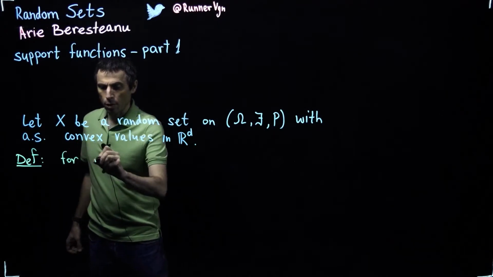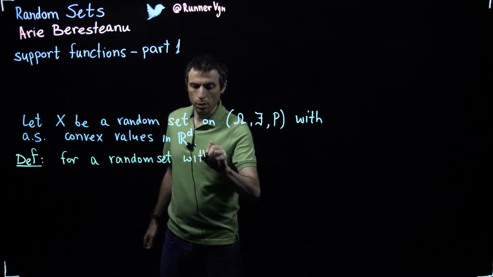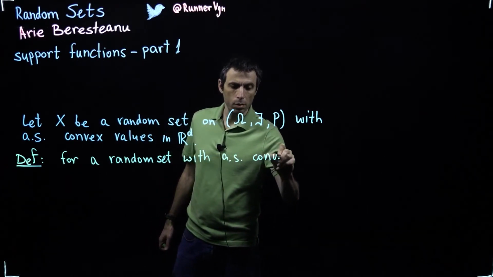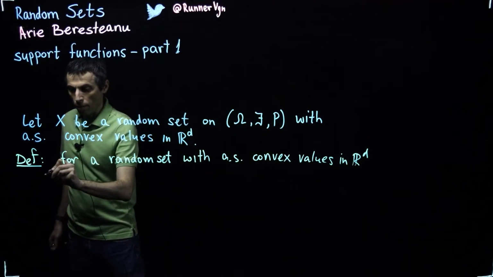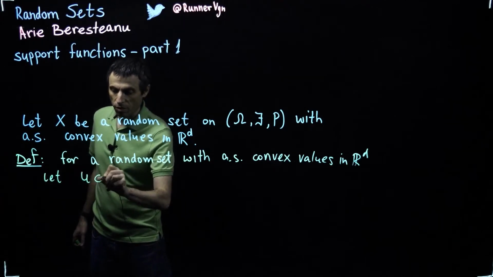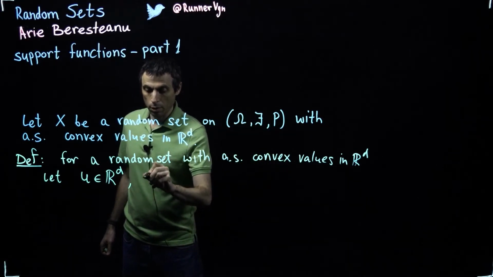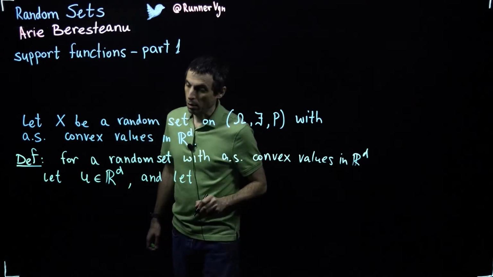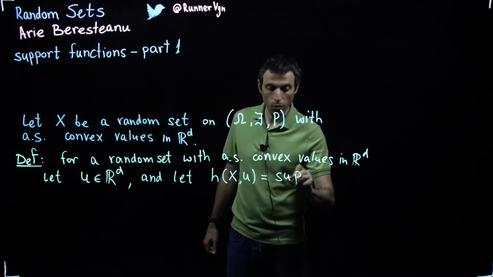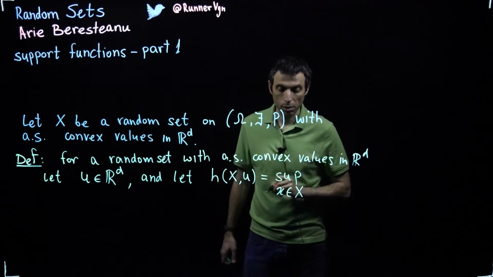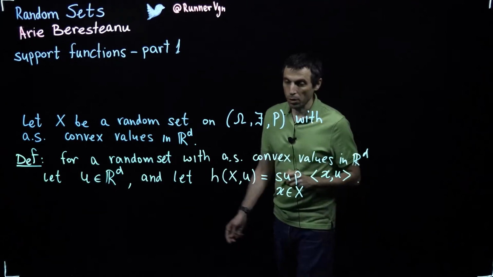For a random set with almost sure convex values in R^d, let u be a certain vector in R^d, and let h_X(u) be equal to the supremum over all values x in capital X of the inner product ⟨x, u⟩. So that's the support function.